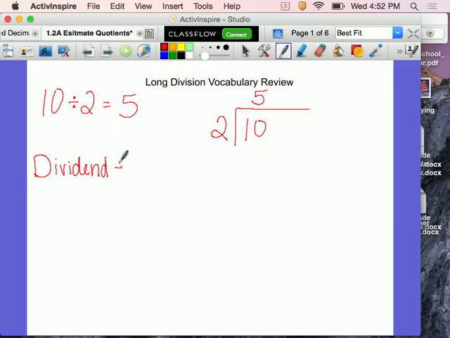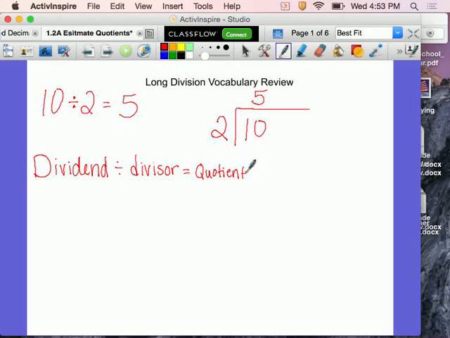The dividend is always divided by the divisor, and the result is always the quotient. Dividend gets divided, so there's lots of D's in that one.